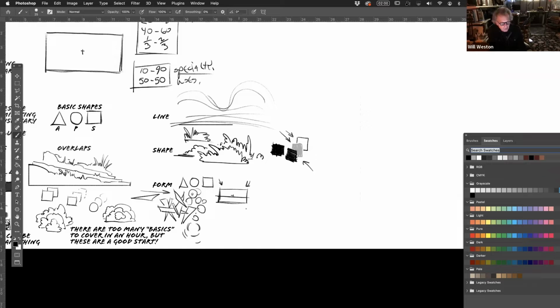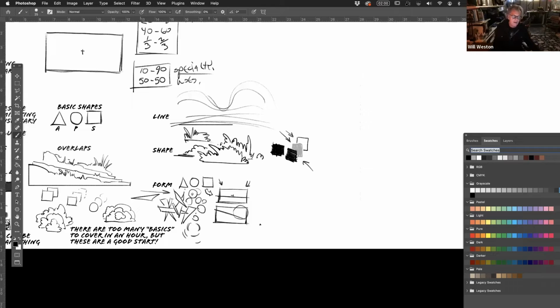Whereas if I use a triangle to do this, given that the eye will flow into a bigger space, if I do this, it doesn't matter that I cut the tip of the triangle off. The tip is right there. This is where the eye will go up on the top. Okay, so right at the very beginning, what we're starting to do is divide space in a composition.